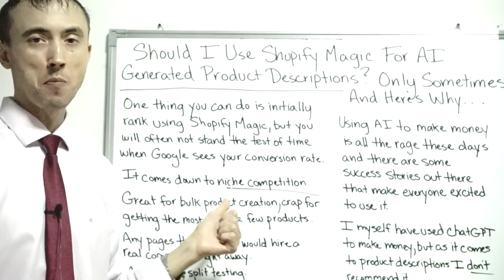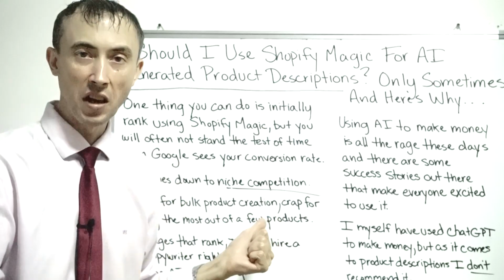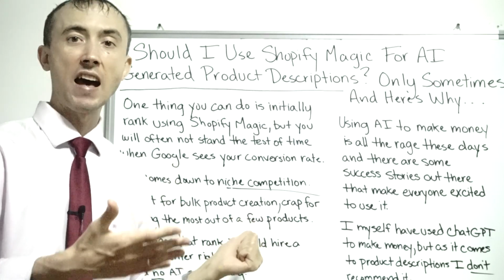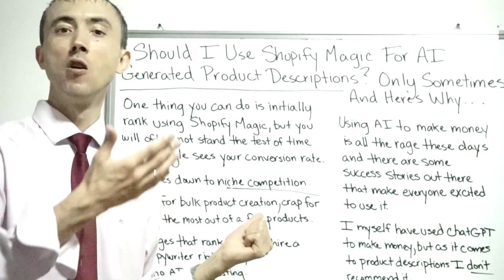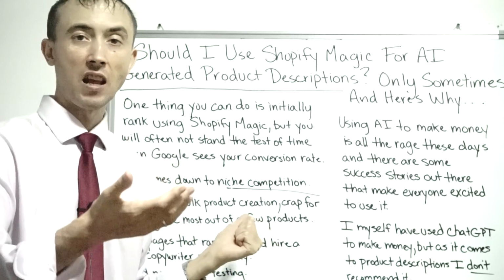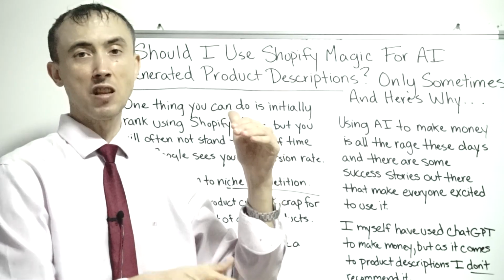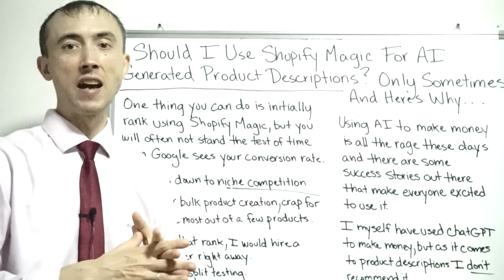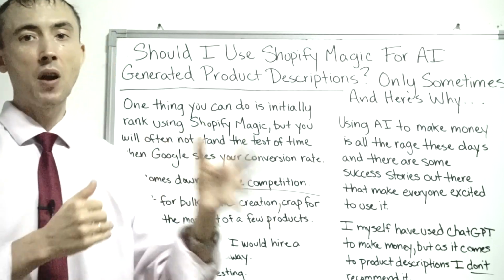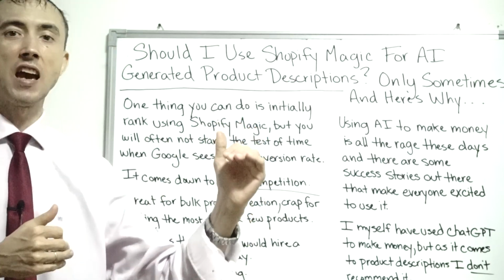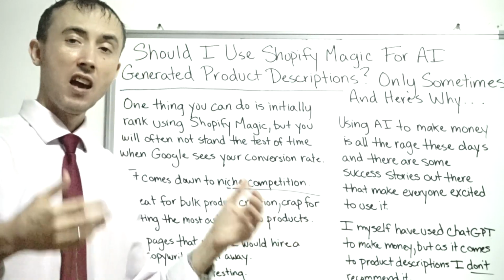Unless it's just a stopgap measure until you find out what's worth going after, what's profitable with the ads, what people are searching for a lot and clicking through your ads on, what's ranking organically like I talked to you about before, and then use it just as a lead-in, and then do the manual writing to take things to the next level and make 3 times as much money from that product than you would have just sticking with the AI-generated product description, which is reality about what you would make.